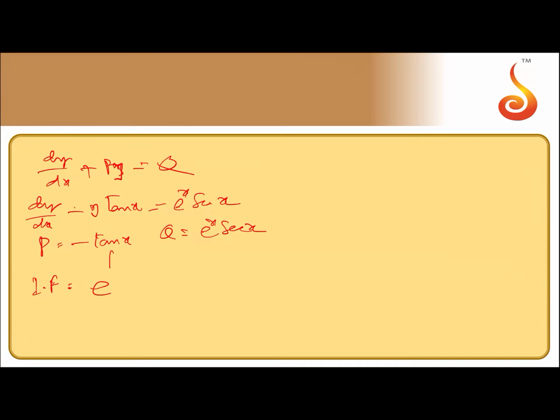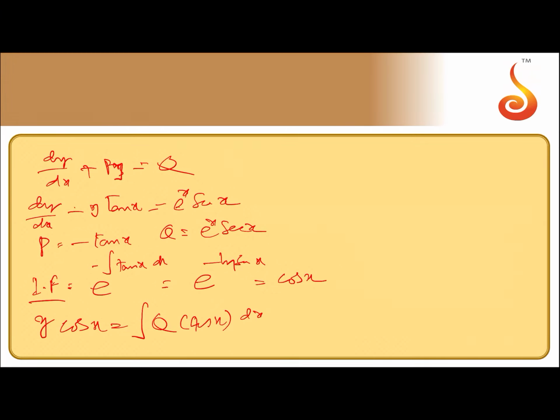So the integrating factor is equal to e power integral of minus tan x dx. That equals e power minus logarithm of secant x, and that is equal to cos x. The solution for this one is y into the integrating factor, equal to the integral of q multiplied by the integrating factor, cos x, dx, plus constant.